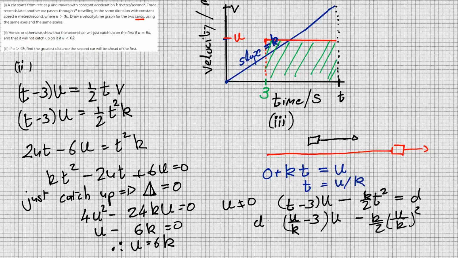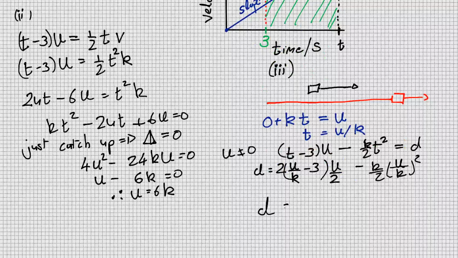That's the distance. So let me see, there's a 2 down below here, so it'd be nice to put a 2 here and a 2 here. Then what I can do is have a common denominator. When that expands, that would be u squared over k squared, and that k will cancel with that, so it's going to be all over 2k, that's for sure.